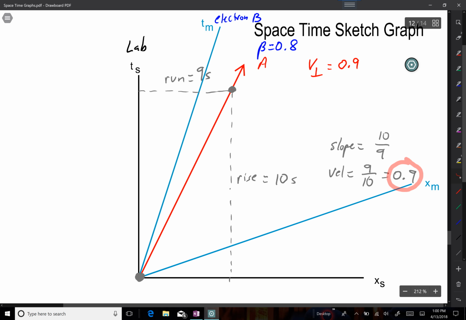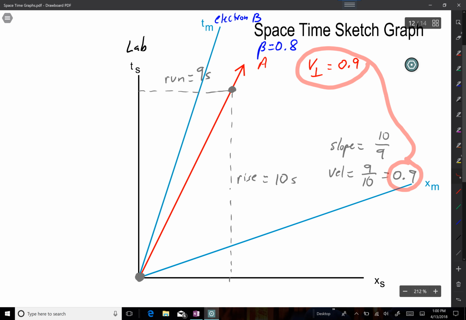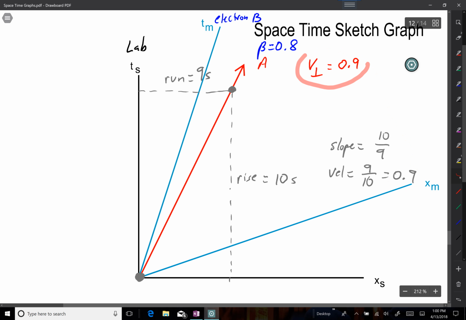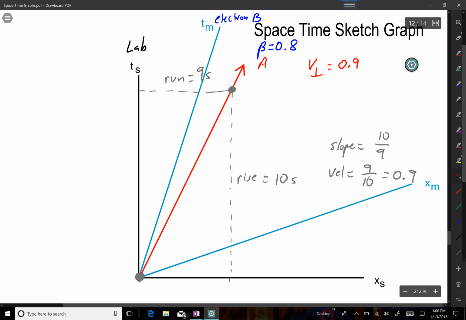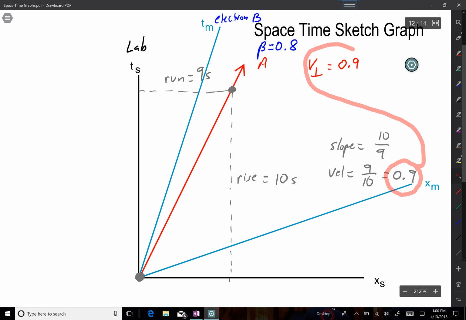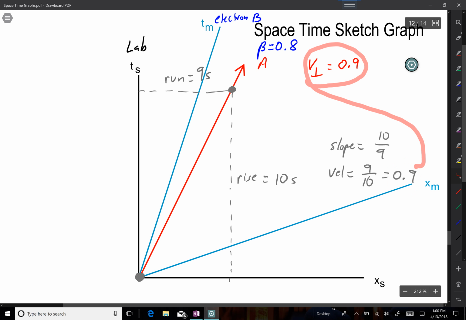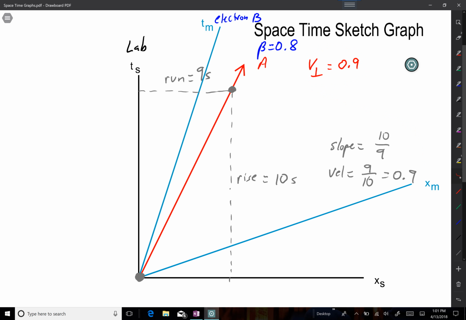And that number is what I was told is the velocity of electron A as measured in the perpendicular reference frame. I wasn't told these numbers, rise and run. These I made up. But I didn't just pick any two numbers. I picked the two numbers that gave me the velocity that I was told. The numbers I choose had to be consistent with the information that I was given, that the velocity is 0.9.